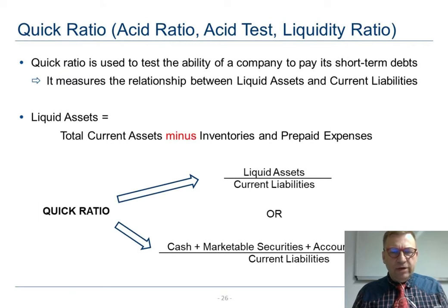that in quick ratio it was, maybe not better, but sometimes more precise than the current ratio, because in quick ratio we had cash and marketable securities, sort of cash equivalents, and accounts receivable. We did not have these famous inventories that may cause some problems in the case of current ratio.